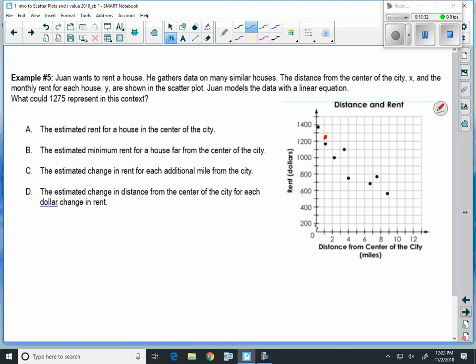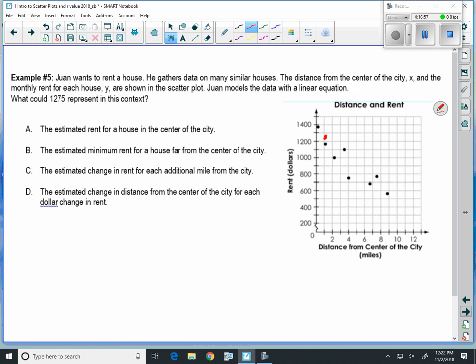Can we agree on that? If you pay rent of 1,275 based on this scatter plot, how close are you to the city? Are you very close or are you far away? You're very close to the city. This is like 1 mile away from the city. So is it more expensive to live near the city? Yes, it is.